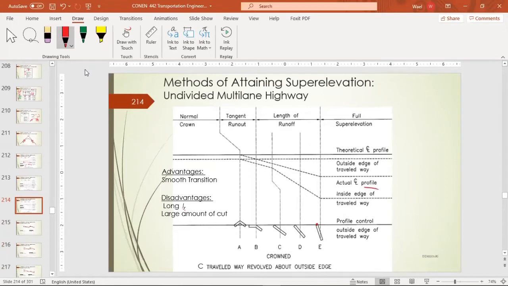And you see the inside edge went down significantly much more. So as we can see, we have three strategies for attaining the super elevation: rotating around the inside edge, or rotating about the center, or rotating about the outside edge. What are the advantages and disadvantages of each strategy?